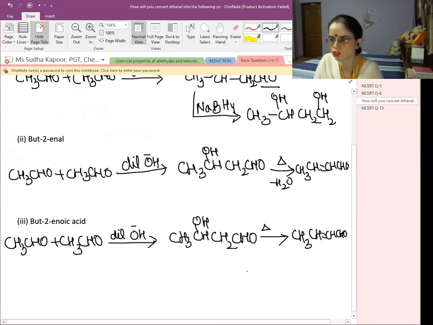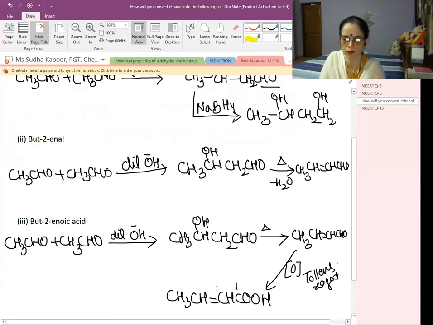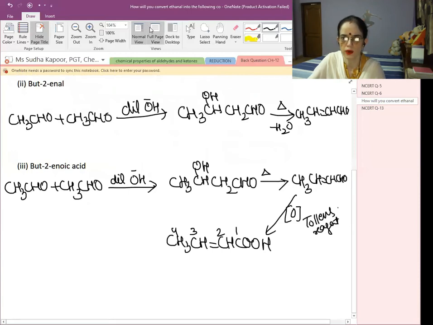But the work doesn't stop here, student. Now undergoing the oxidation of it using the Tollens reagent or any other oxidizing agent. Let us write the Tollens reagent here. So what we will be getting is CH3, CH double bond CH, COOH, that is the required product, but-2-enoic acid.